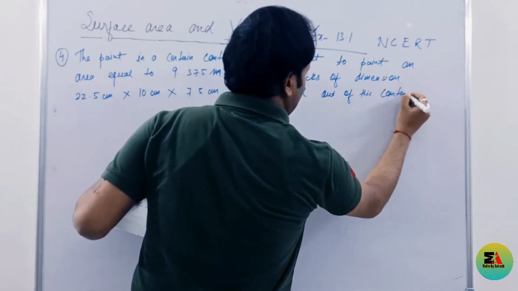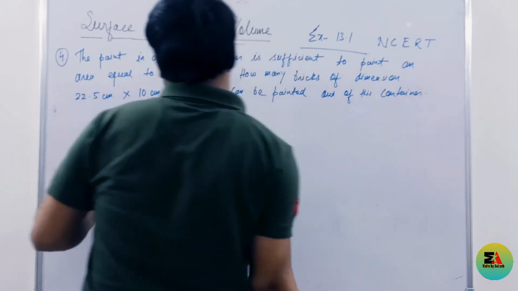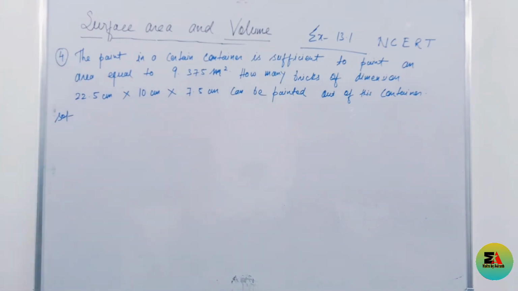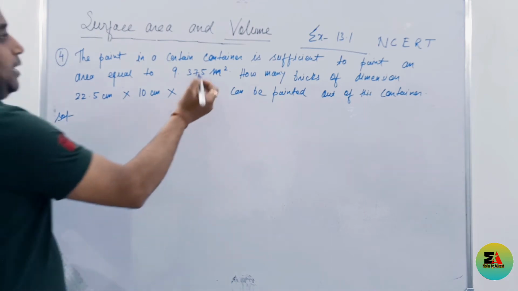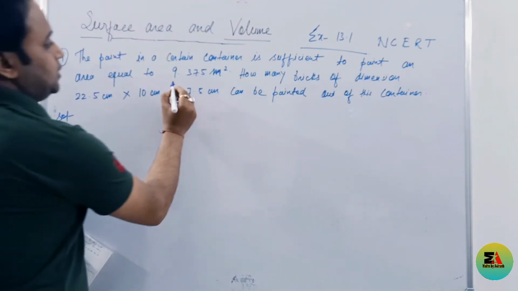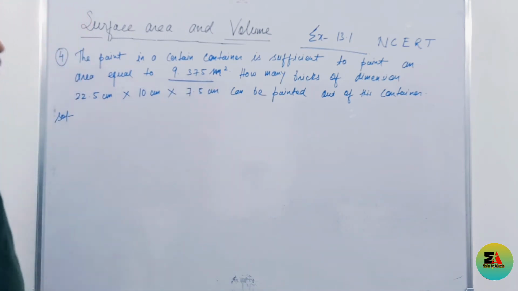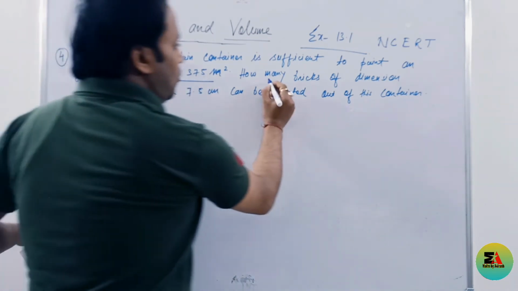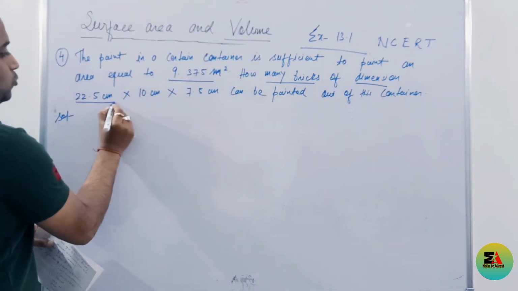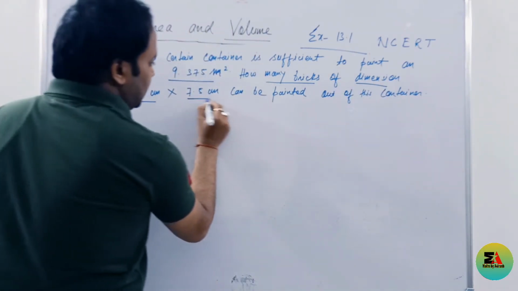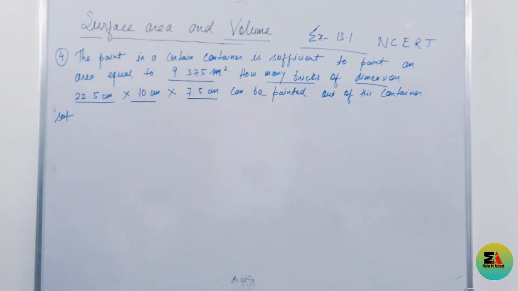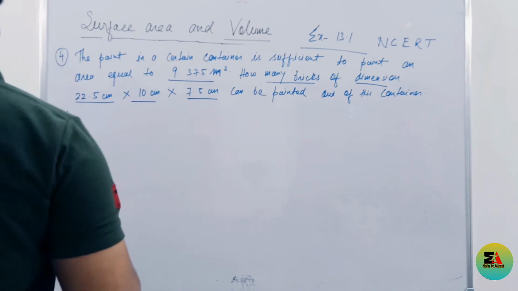The paint has a sufficient area which is given, and the question asks how many bricks of this length, breadth and height can be painted. So we have to calculate how many bricks we can paint with this paint.